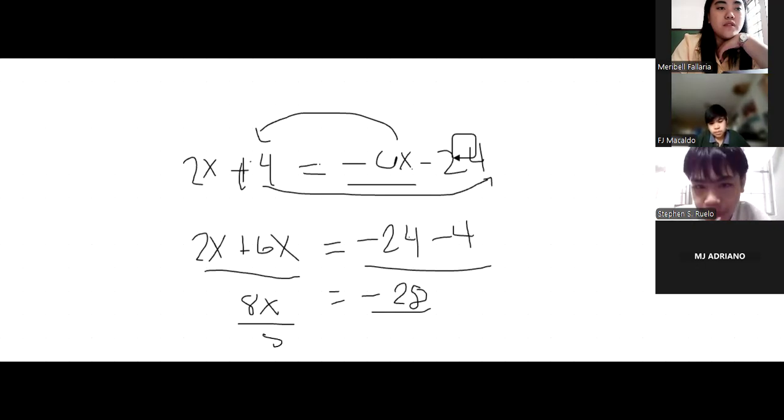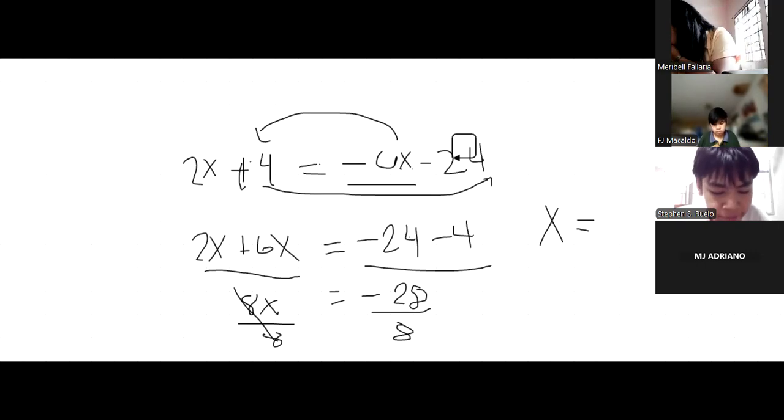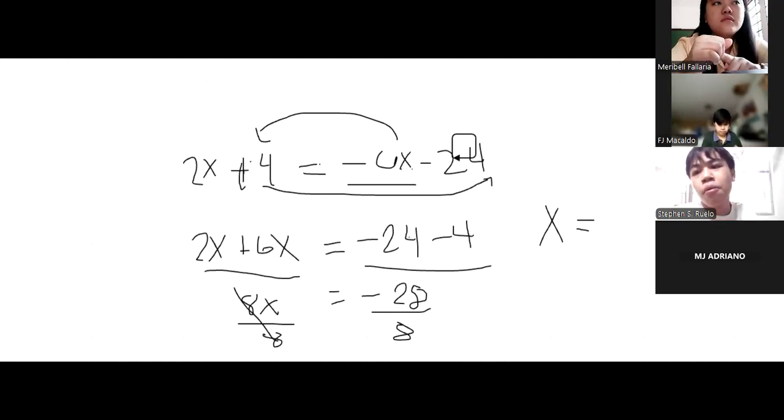So cancel the 8. 28 divided by 8 is equal to, what is the answer?